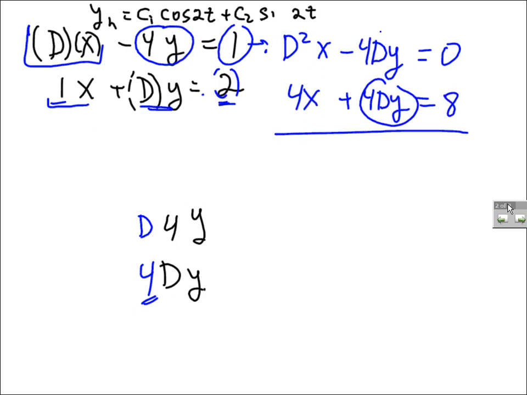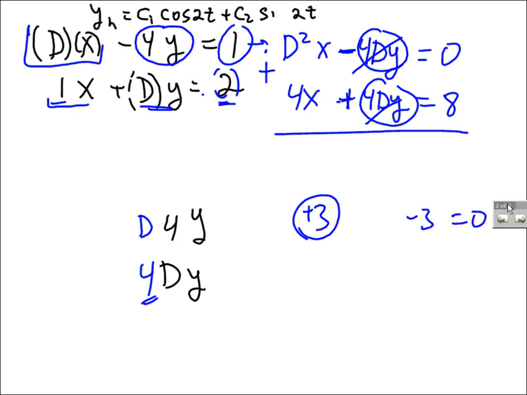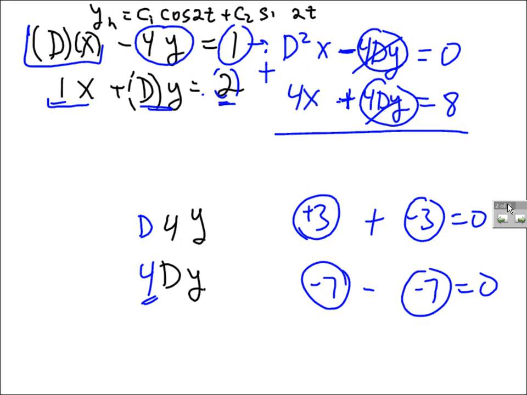These are exactly alike. One we're taking away, one we're adding. So if you add them, they cancel out. You have positive 3 and negative 3 and you want 0. If two numbers just differ by signs, you want 0, add them.